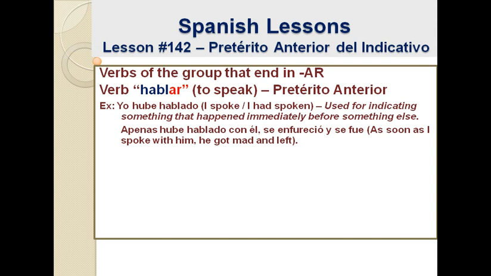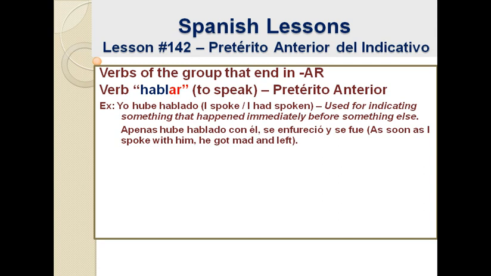Look at the words in Spanish. Apenas hube hablado con él. Hube hablado is the conjugation of the verb hablar in pretérito anterior. As you can see, we are using the auxiliary verb haber, right? That's why hube hablado, we have two verbs. Hube, which is the auxiliary verb that goes conjugated, and later hablado, that comes from the verb hablar, or to speak.